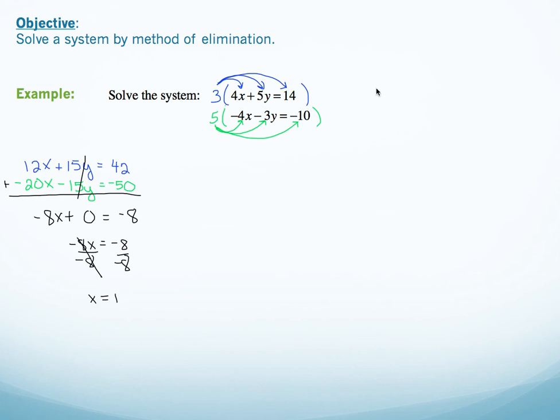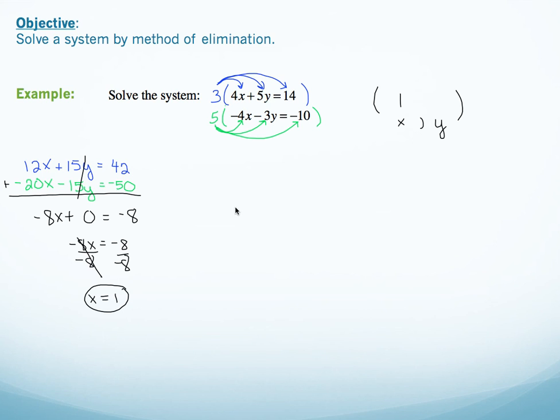Now we have just found half of the solution to this system. And remember, the solution to a system is the x and y value that satisfies both equations. So x is 1, now we still have to find y. To find y, what we're going to do is substitute the value for x into one of the two equations. Now it doesn't matter which equation you pick to put x back into.